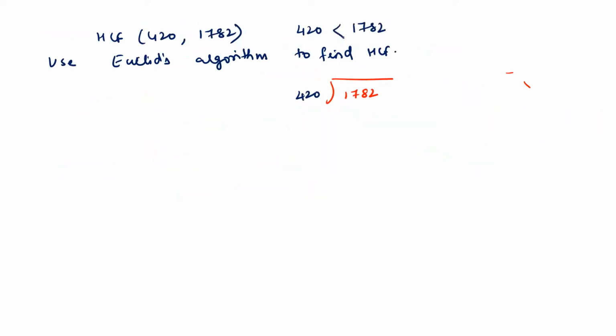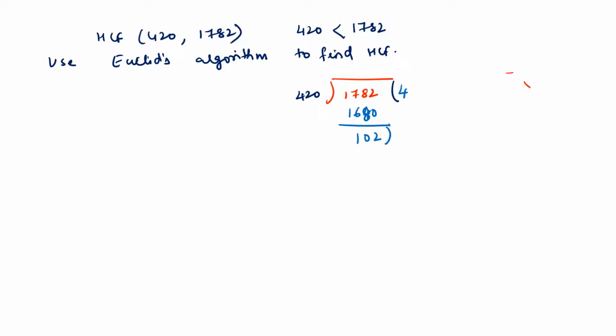So 420 is the divisor now. So what do we get here? 420 into 4 is 1680. And the remainder will be 102.